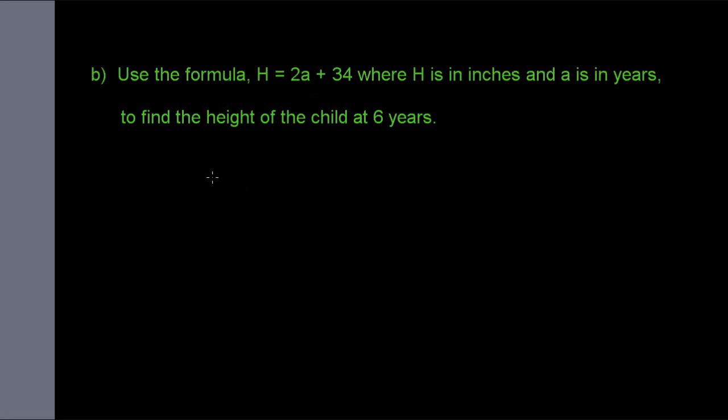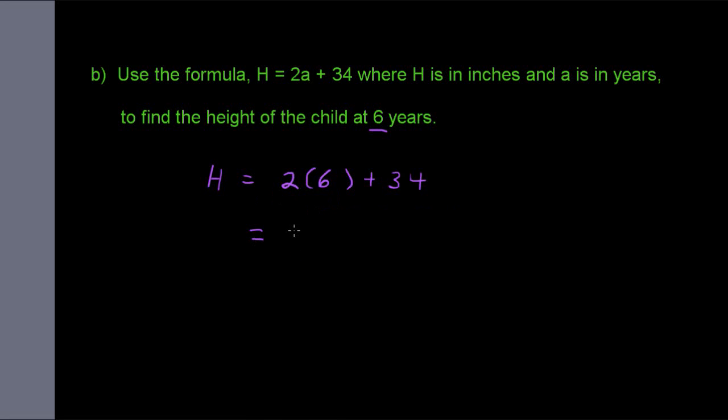So we just copy down our formula again. h, that's what we're going to try and find out, what that is equal to. h equals 2, and then what is a? Well, a is the number of years, and in this case it's 6, so we just plug in 6 plus 34. Okay, now let's simplify what we have on the right side of the equal sign here.